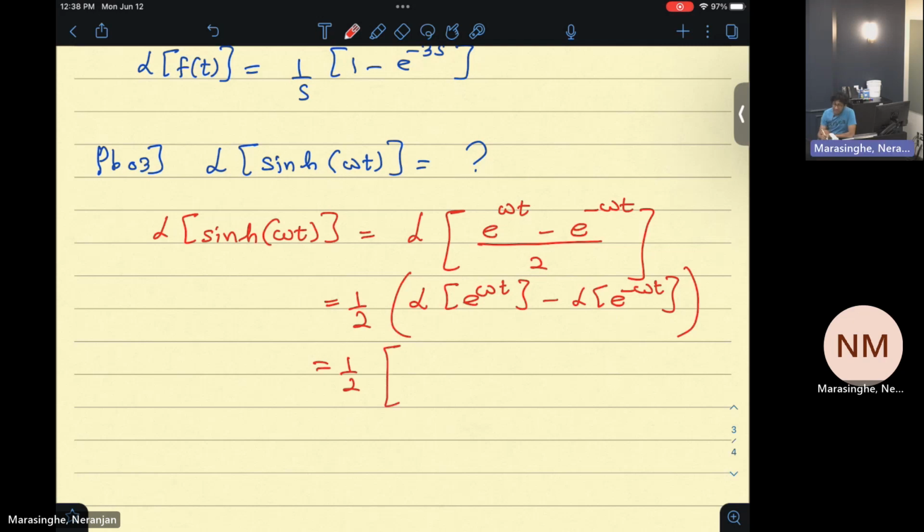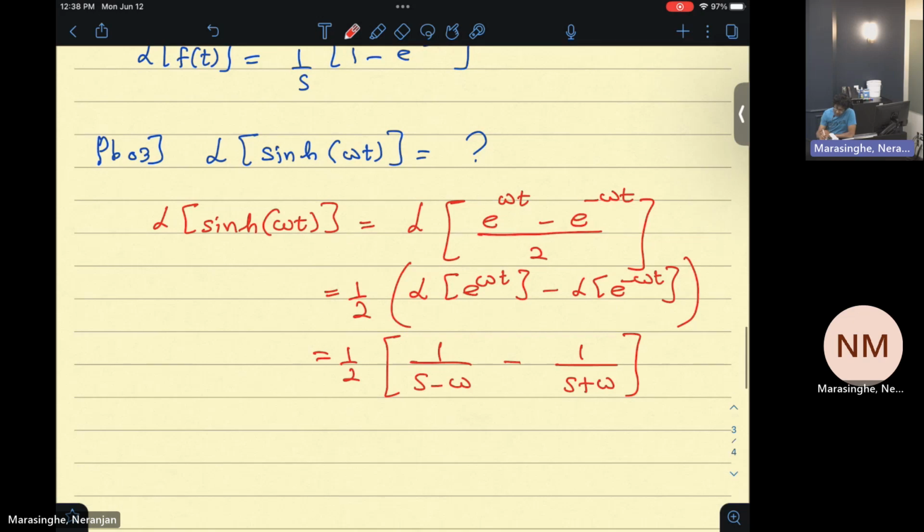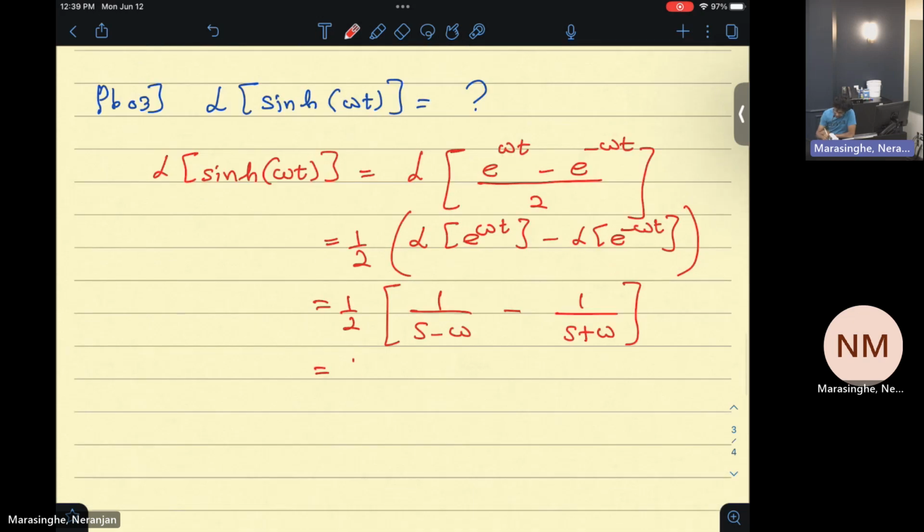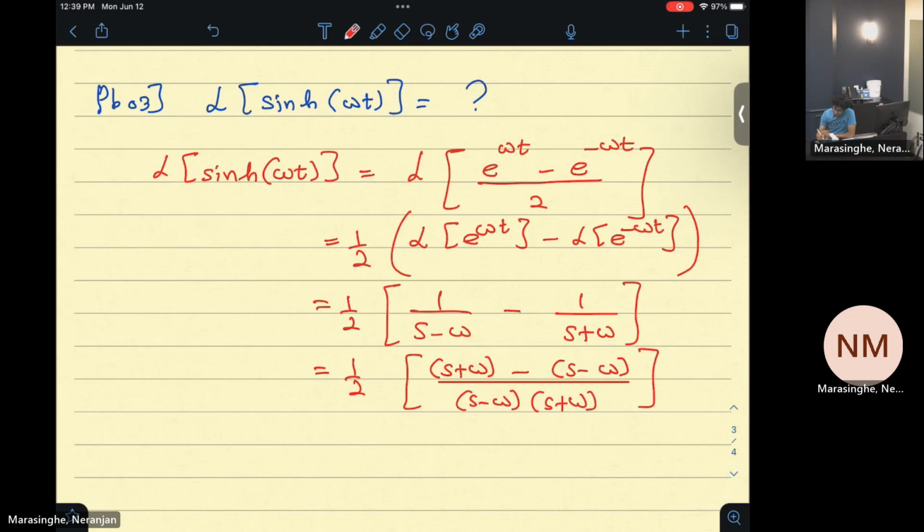Now we discussed previously what the Laplace of e to the omega t is. That is 1 divided by s minus omega, and this would be 1 divided by s plus omega. If we take the common denominator, we get s plus omega minus s minus omega divided by s minus omega times s plus omega.